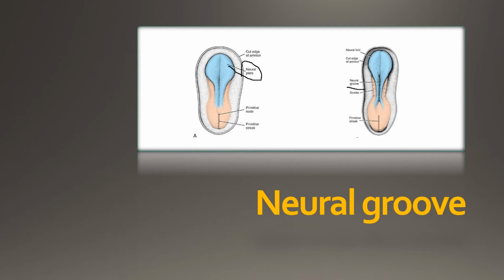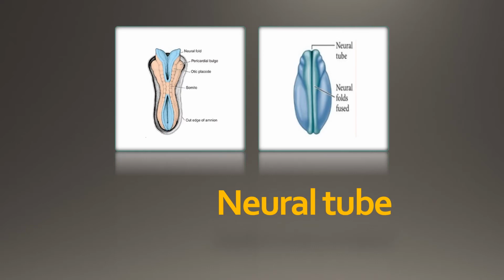During the somite period, we have already seen the appearance of somites on either side of the midline. Once the neural groove appears, the lateral margin of the neural groove folds on either side and forms a neural fold-like structure.